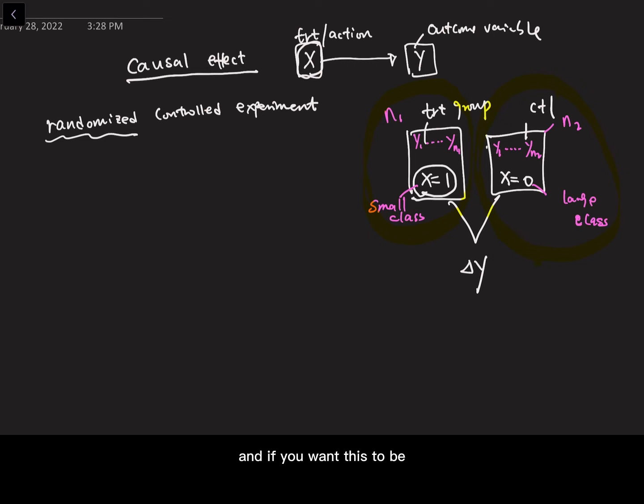Okay, if you want this to be a randomized controlled experiment, that means the treatment, whether it's small or large class, is randomly assigned. Treatment is randomly assigned to make sure that the only difference between the treatment and the control group is the treatment itself. There's no other difference between the two groups. So we call this experimental data.